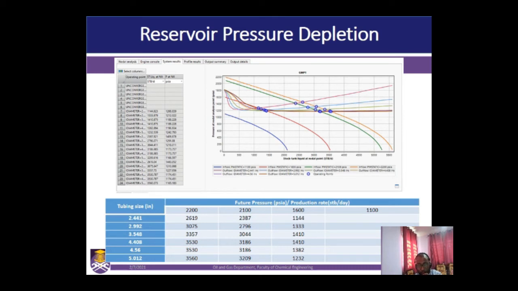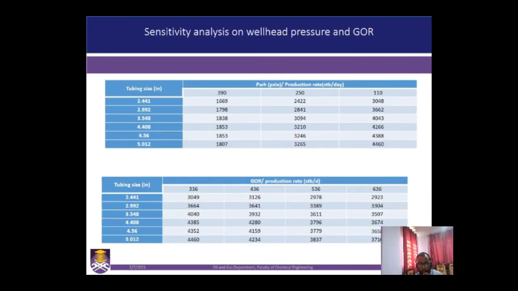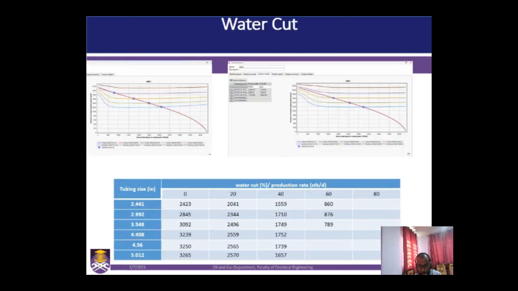So we can conclude that the tubing size range from 2.4 until 5.0 are able to operate until 1600 reservoir pressure only in the future. This is the sensitivities analysis for the wellhead pressure. Same trend with the previous one. The larger the tubing size, the higher the production rate.